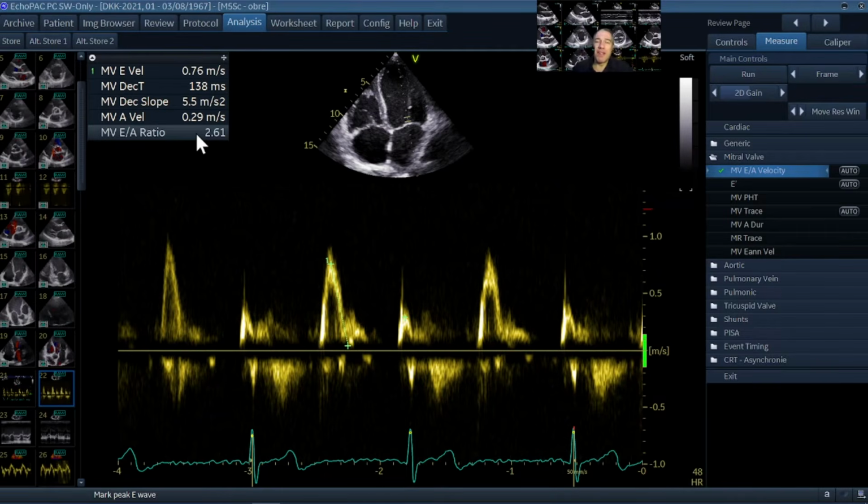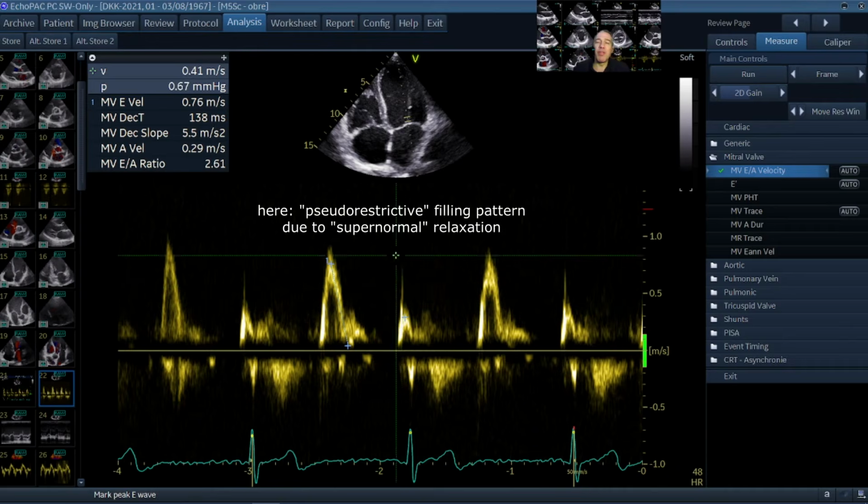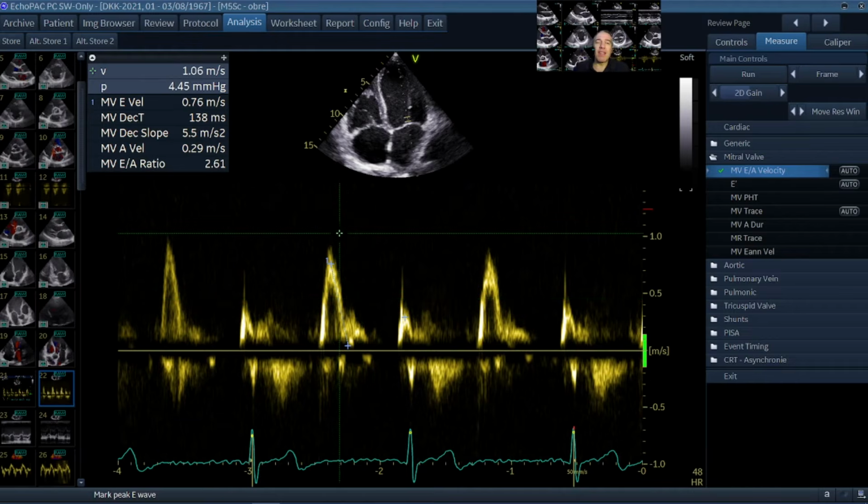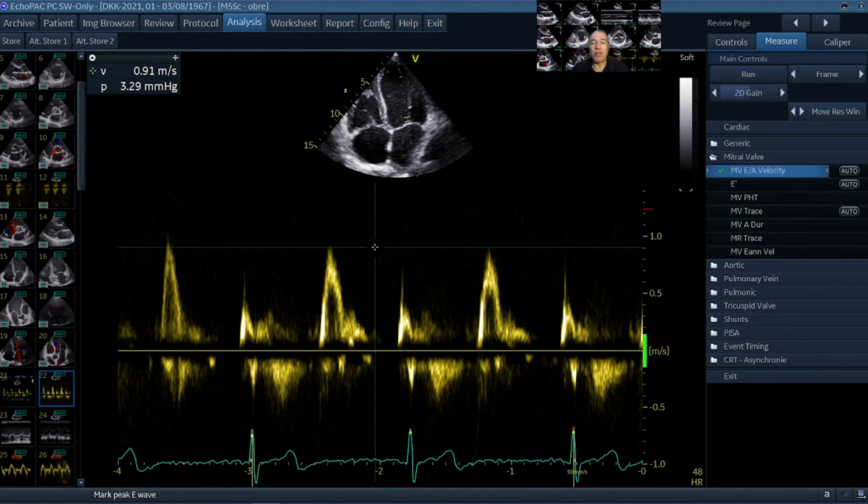Well, in fact, this can also be seen in super healthy, super relaxing left ventricles. This is a pseudo-restrictive filling pattern, actually, but that is a topic for another lecture. So in this case here, this is a normal situation. This is a healthy ventricle, and most of the blood during diastole enters during the early diastolic phase.